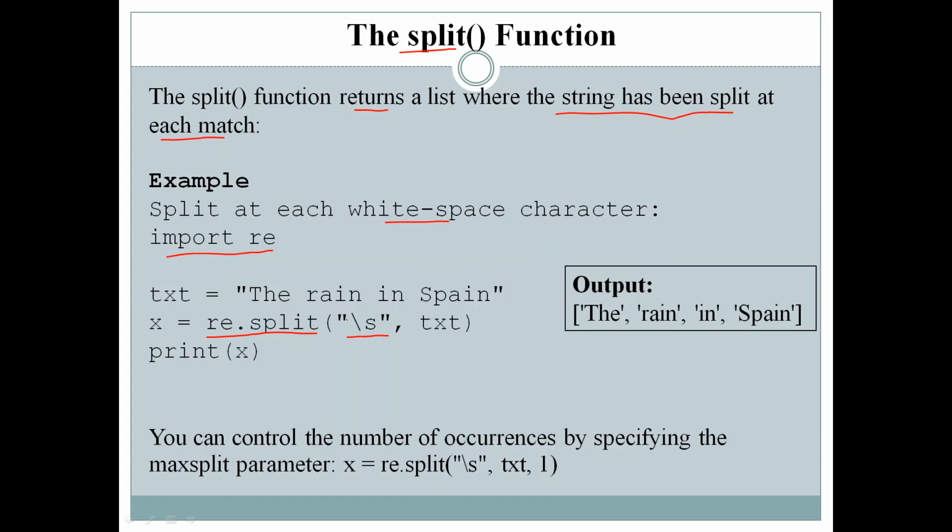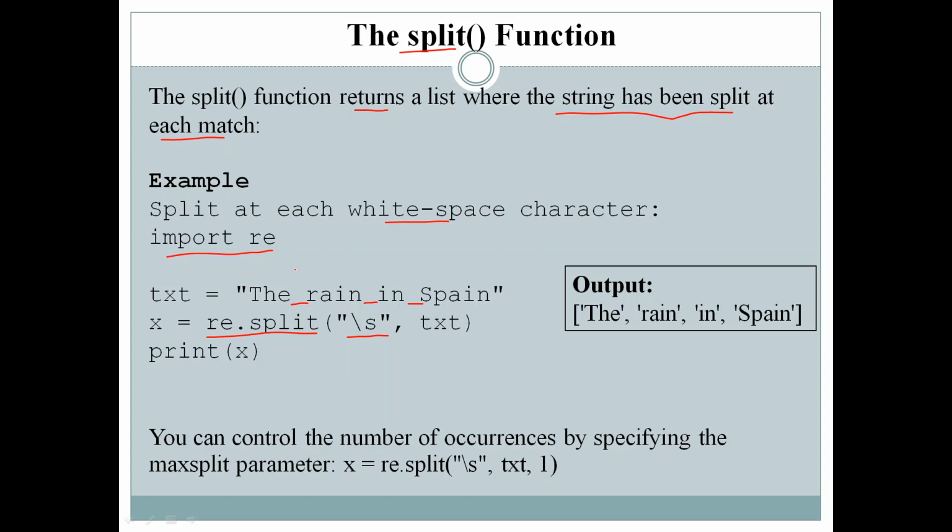The split method will search for this pattern in the string. It will find this pattern at this position. You can see a white space here, again here, and again at this position. There are 3 white spaces, and based on the white spaces, the string is split into multiple different strings.